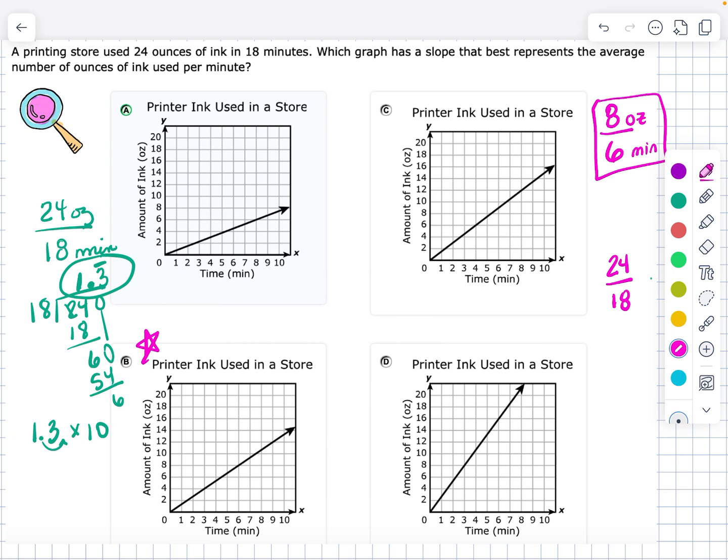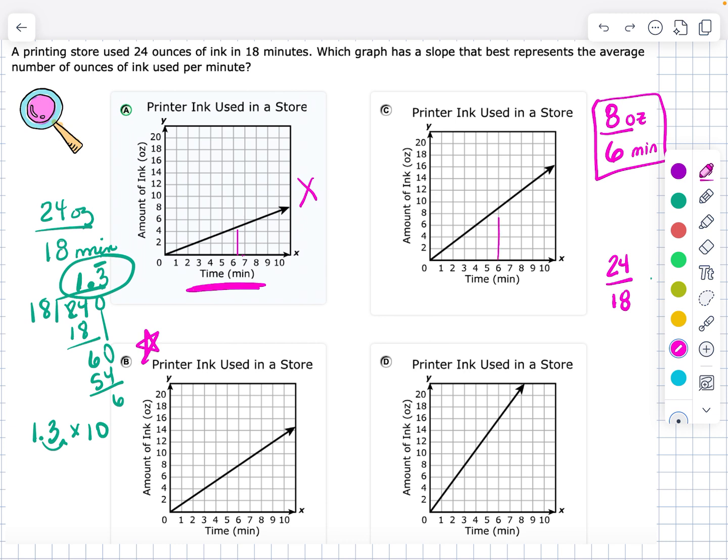So I can go back through here. These are my minutes, remember, at the bottom. So I can go 6 minutes to 8 ounces. That's too low, so that doesn't work. 6 minutes to 8 is right here. It's a little bit less than that line at 6 minutes.